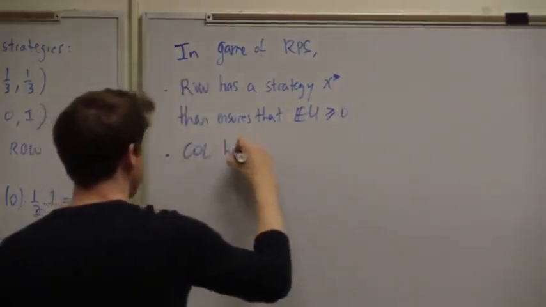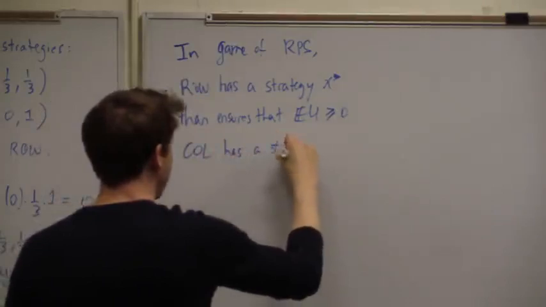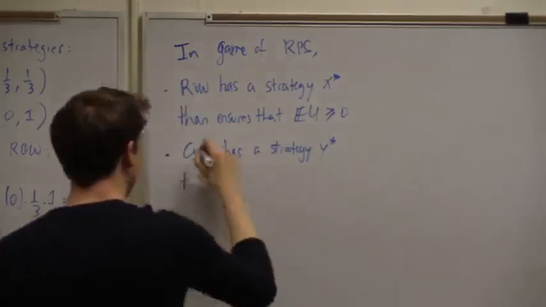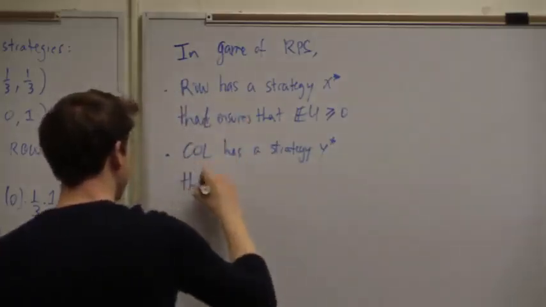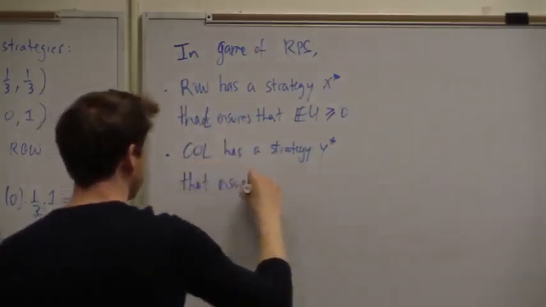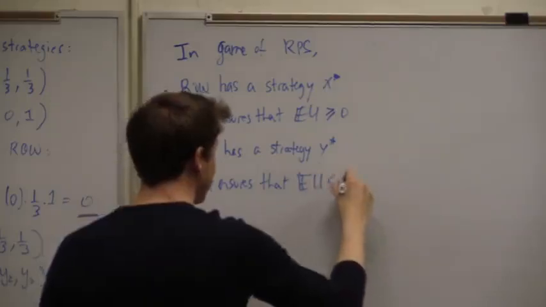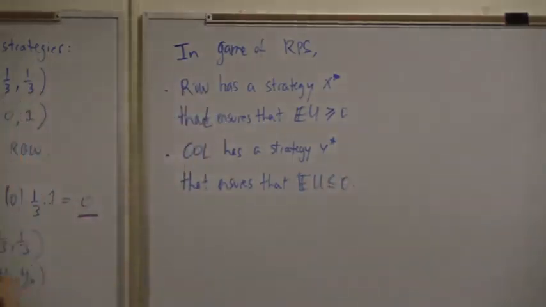And column has a strategy y star, in fact it's the same strategy, that ensures that the expected payoff is at most 0, because he wants to minimize.